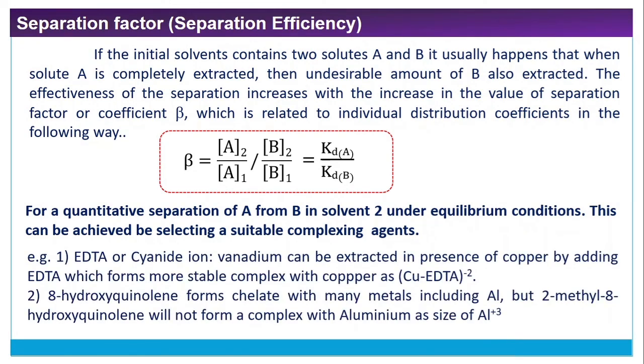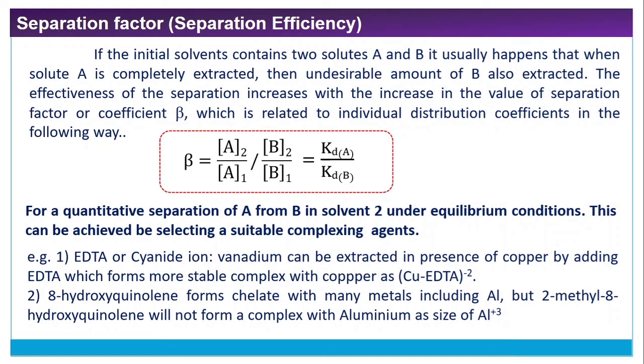For example, EDTA for the cyanide ion. Vanadium can be extracted in presence of copper by adding EDTA, which forms a more stable complex with copper as copper EDTA 2- ion. So in this case, the extraction of vanadium will be easier in presence of copper.